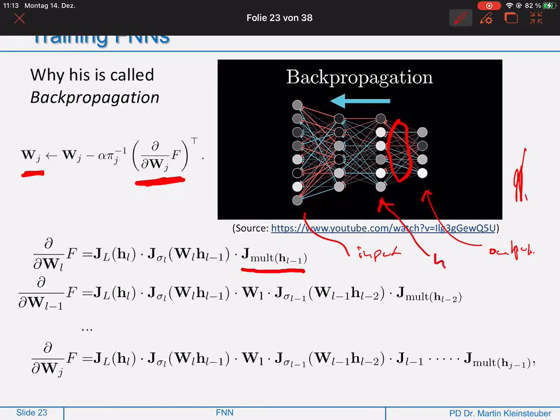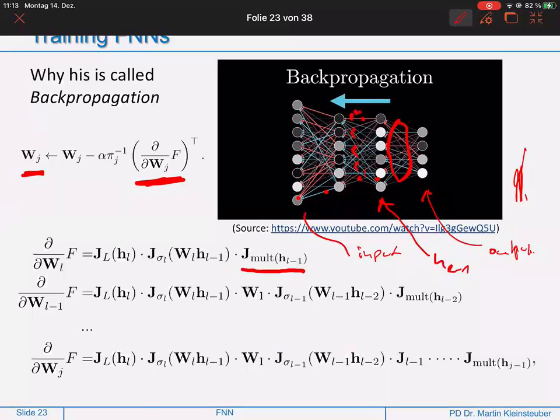This here is the H^(L-1) layer. And so you have to feed forward your signal until the L minus first layer. Compute the weights, right? And then iteratively for updating the other weight matrices now.